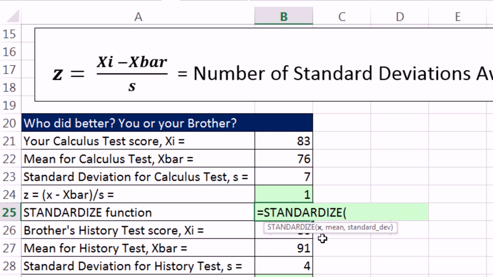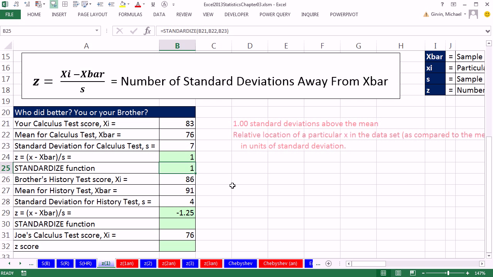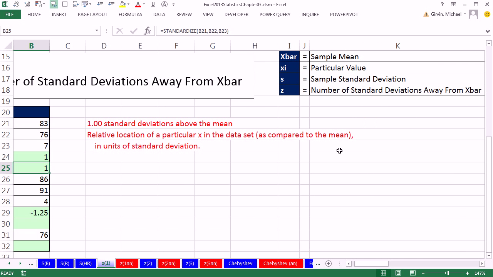Now, there's our particular x, comma, there's our particular mean, and comma, there's our standard deviation. Boom, Control Enter. It'll give us exactly the same thing. 1 standard deviation above the mean. It's the relative location of a particular x in a data set as compared to the mean in units of standard deviation.